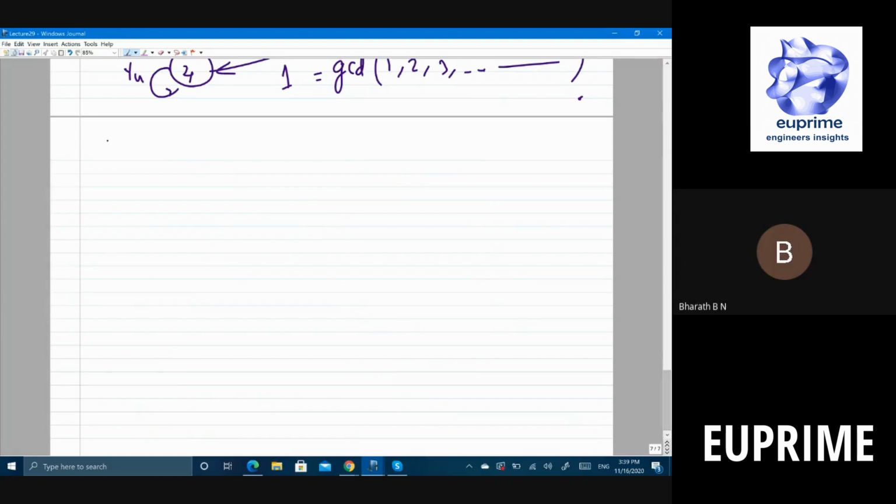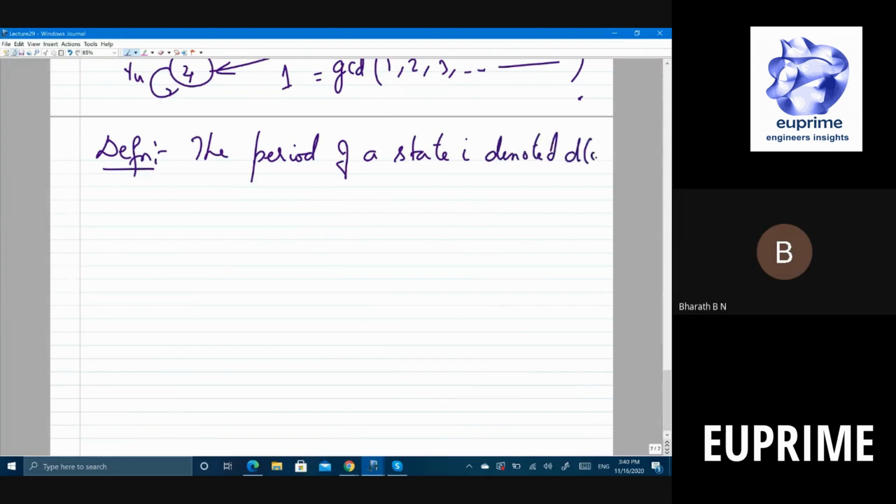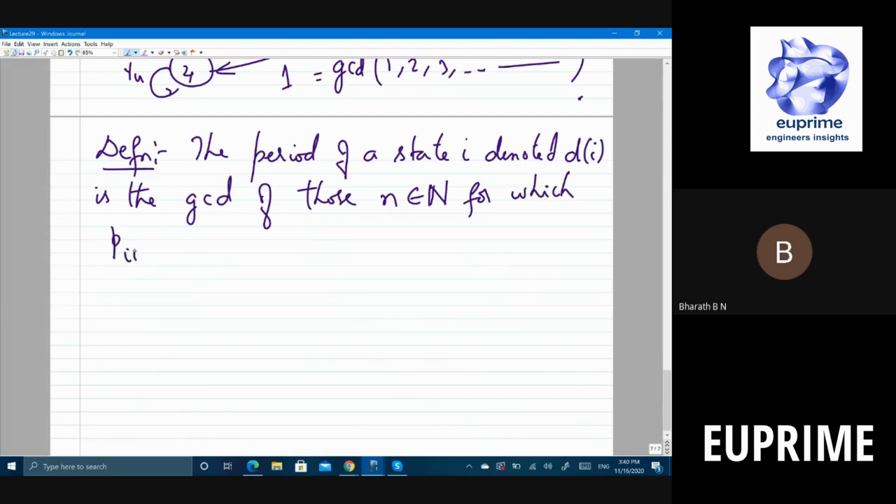So let me write that as a formal definition. The period of a state I, denoted d of I, is the GCD, greatest common divisor, of those n for which Pii of n is greater than 0.